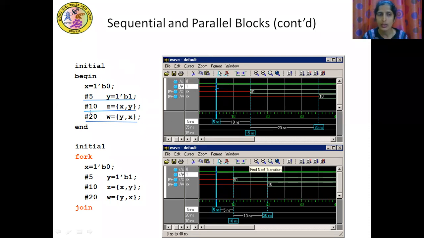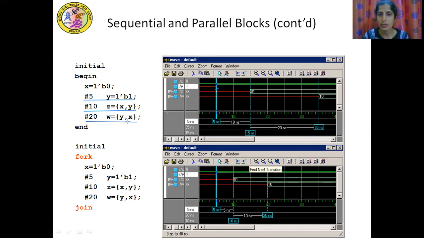And also we can see the value of the variable z, which is equal to the concatenation of x comma y. Here we can observe that z is updated to the new value after 10 time units, that is 10 plus 5, 15 time units.